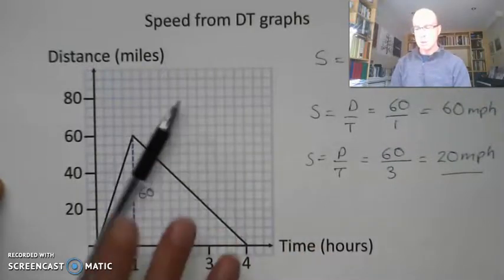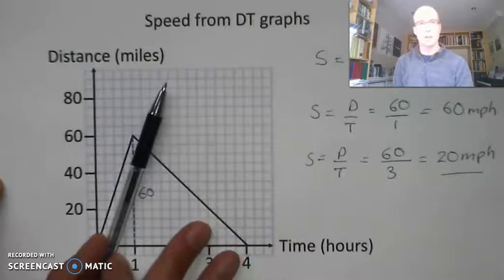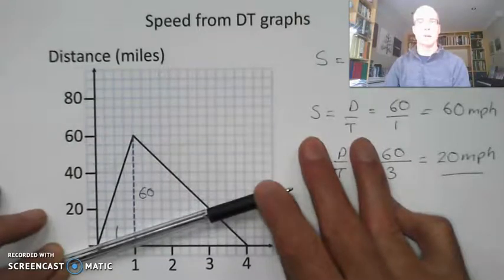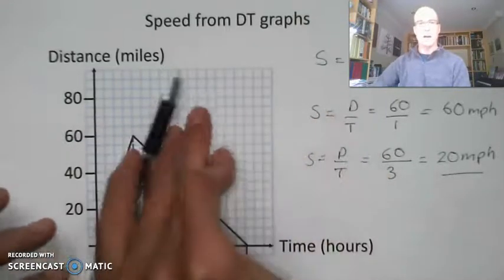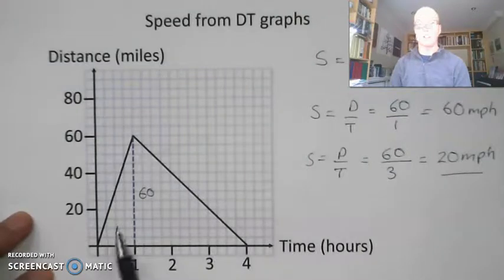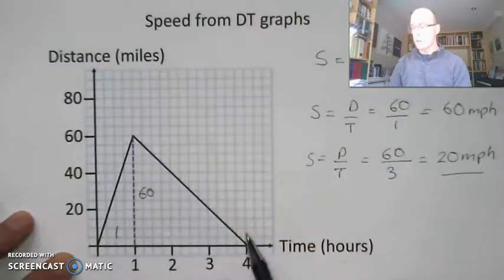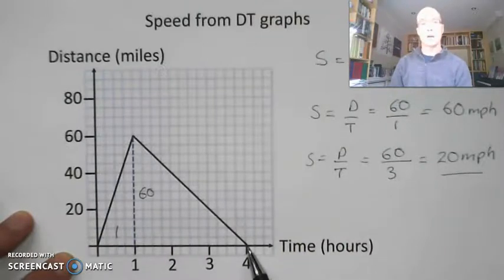So the steeper the gradient on this line, the faster the speed of the object. If it's quite shallow like that, then my object's not moving very quickly. A steep line like that, we're going to have a quick speed. So in this case, 60 miles an hour on the way out, steep line. On the way back, we've only done 20 miles an hour, and that's a lot less steep.